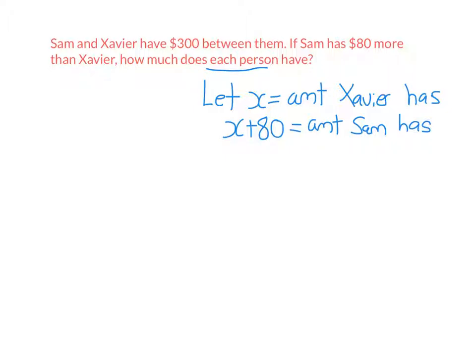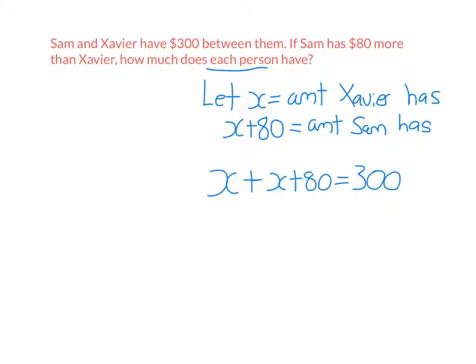So now that we've defined our variables, we put this into an equation. We rewrite the information up here using only mathematical symbols. So it's Xavier's money, which is x, plus Sam's money, which is x plus 80, is equal to 300. That's our equation.